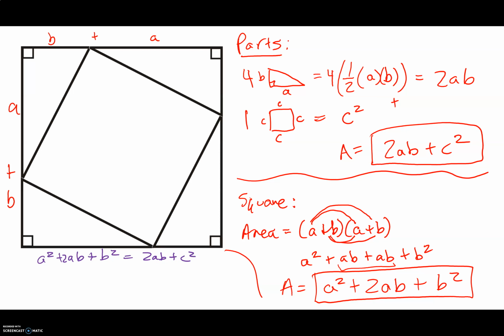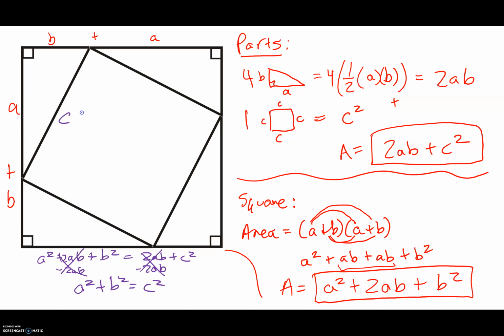And you might be seeing where I'm going with this, right? You notice that both of these 2 parts of the equation have a 2AB in them, and they're both positive, which means if we subtract 2AB on one side, we can subtract it on the other side, and in both cases, it's going to cancel out. And the result is that A squared plus B squared equals C squared.